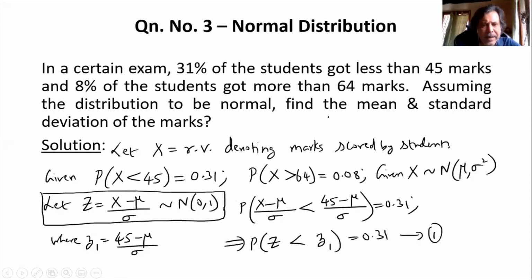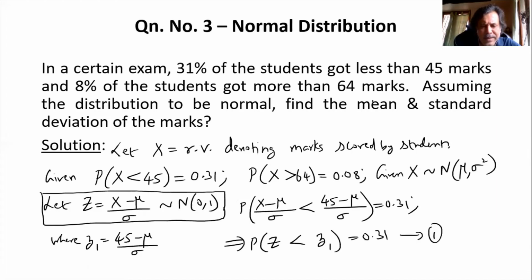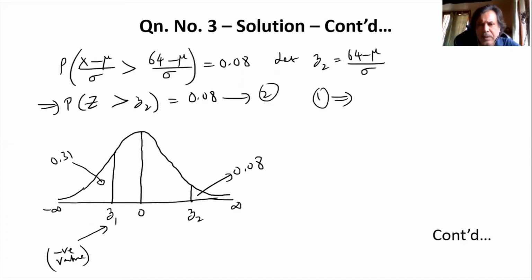I will rewrite equation 1 as Z less than Z1, means 0 less than Z less than Z1. It is actually this portion.